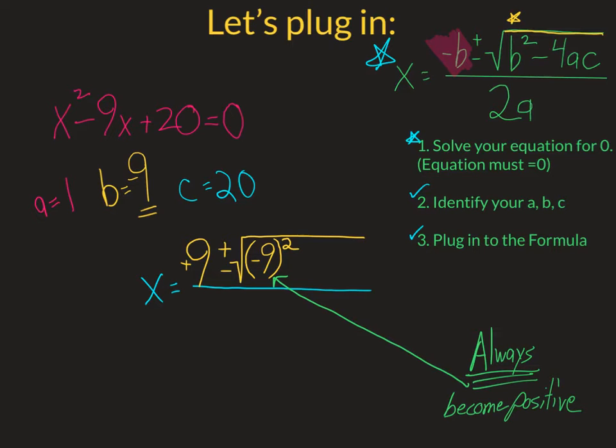But if that b you pull out of your equation is a negative number, the negative is involved in the squaring. You don't square and then apply the negative. You square the negative because it's part of the number. It's inside that variable b. So if you square the negative, it's going to cancel, which means you will always, always end up with a positive value after you do the b squared. Okay? Don't forget that. All right.